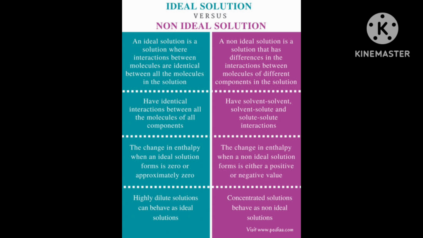Now, the effect of temperature. For example, vapor pressure, which I have already discussed. Water will go up in the form of vapor, and again some water may come down. Then it will maintain equilibrium.